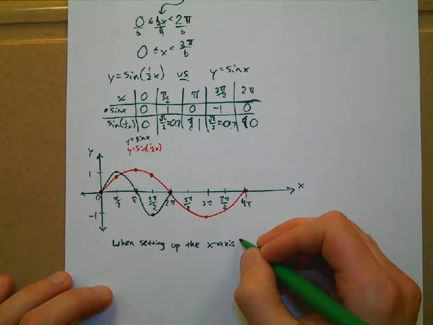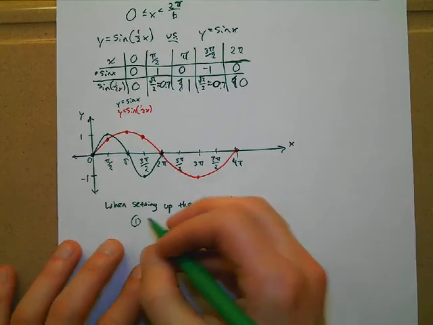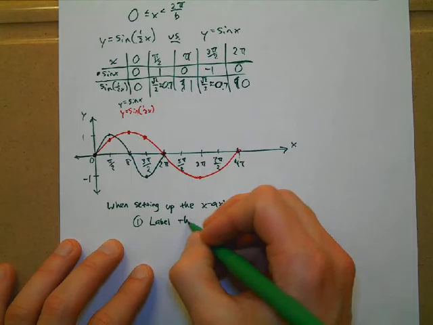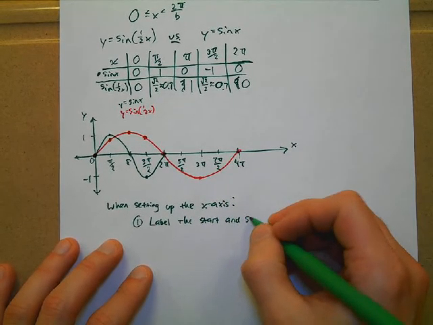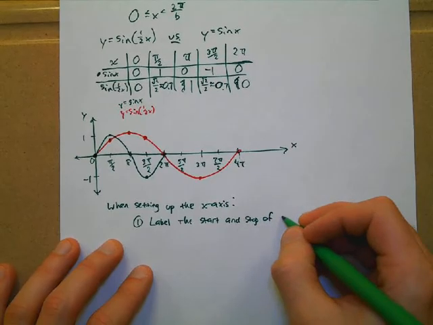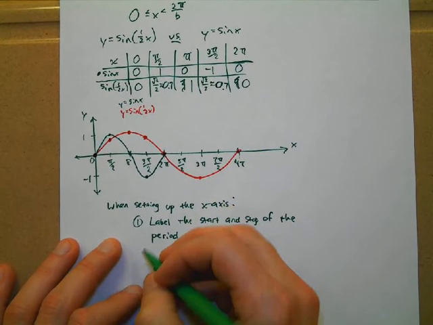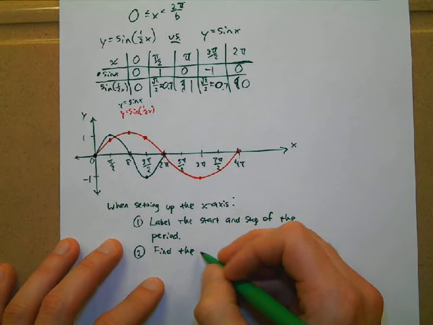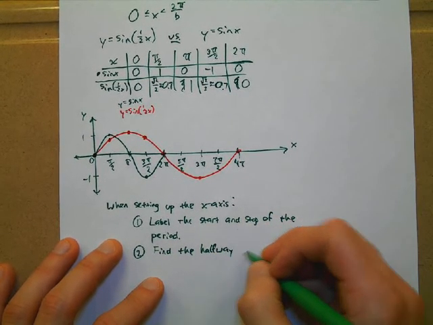Find the halfway point. And then find the quarter points, the 2 quarter points, of that interval. I guess we'll add that to step 2 there as well. Okay, so that's kind of what you want to do there.